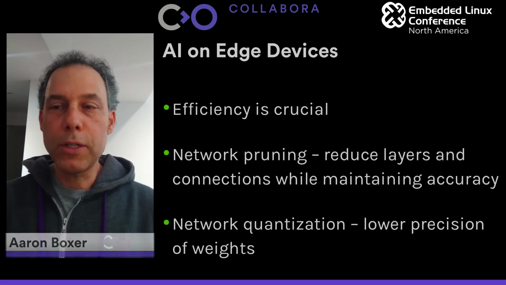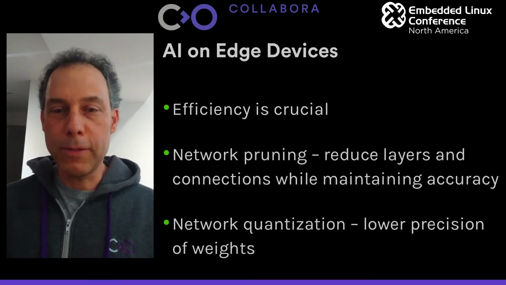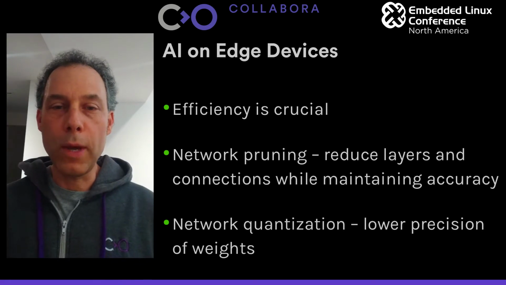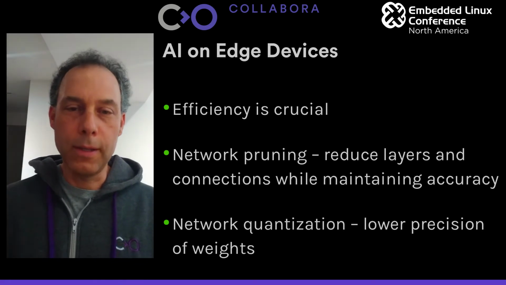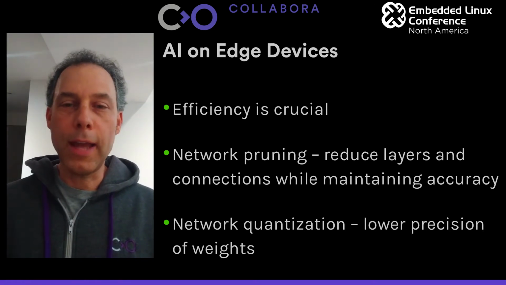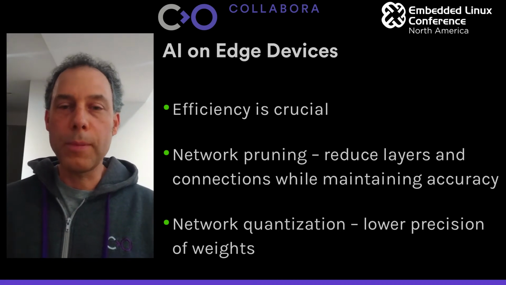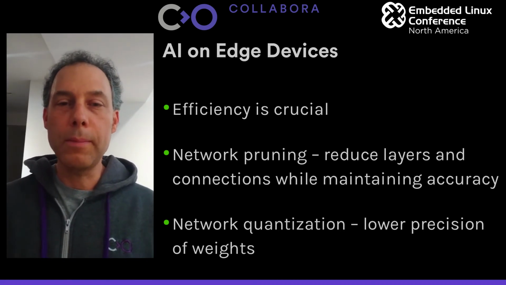The second step is called quantization. So when we did the training step, we would typically have weights being stored in 32-bit numbers. But it turns out that it's possible to reduce the precision of those weights and still get an accurate network. So instead of 32-bit weights, we can drop down to 16-bit or even to 8-bit.